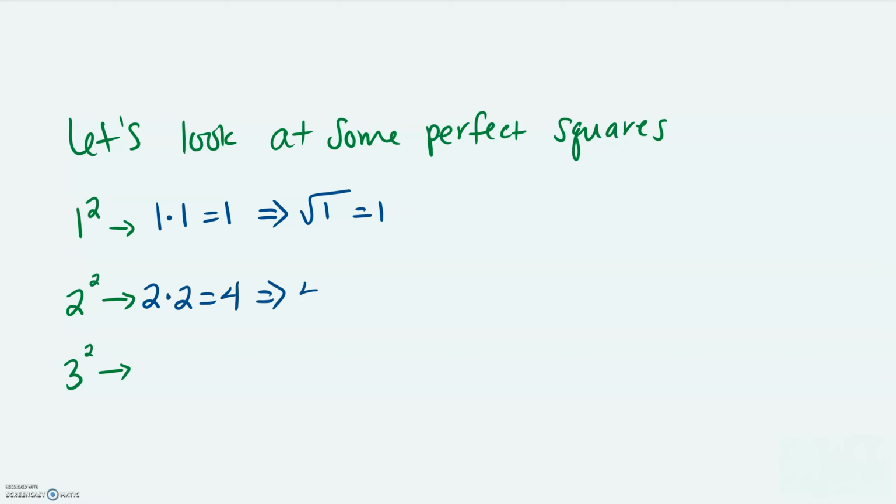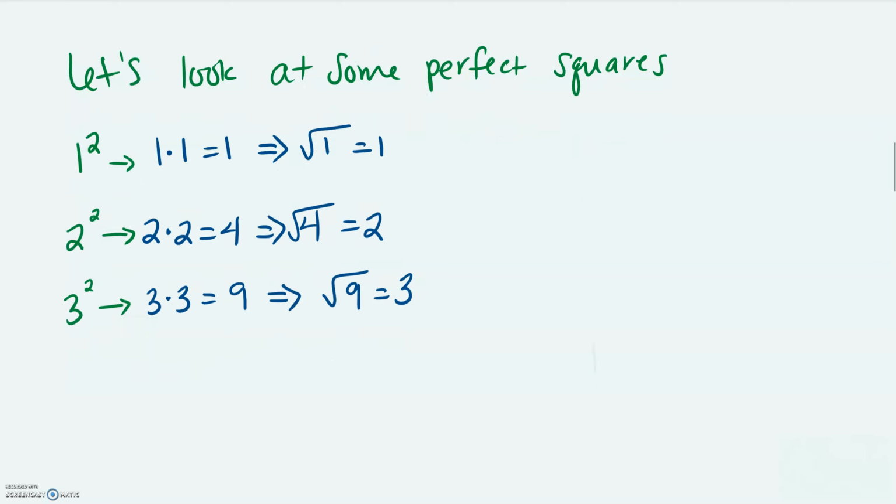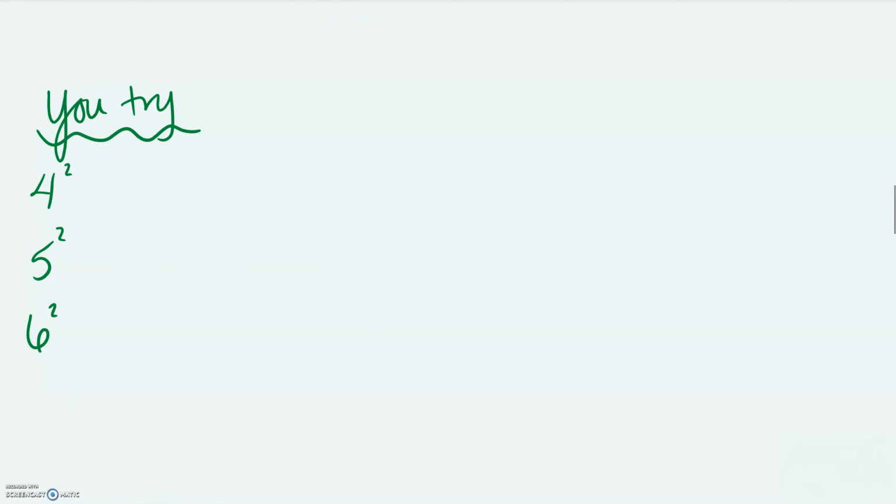So the inverse says that the square root of 4 equals 2. Again, 3 squared tells me that 3 times 3 is 9, so the inverse says that the square root of 9 equals 3. Now I want you to pause the video and try these 3.